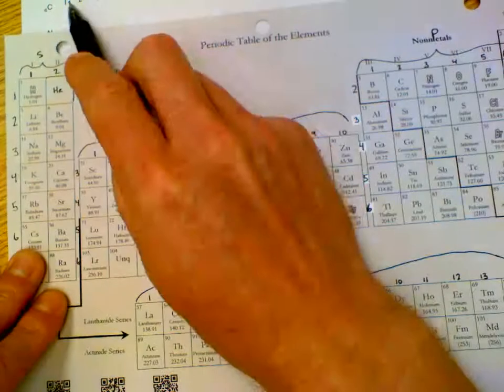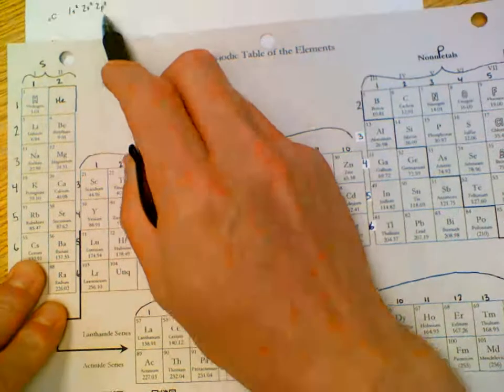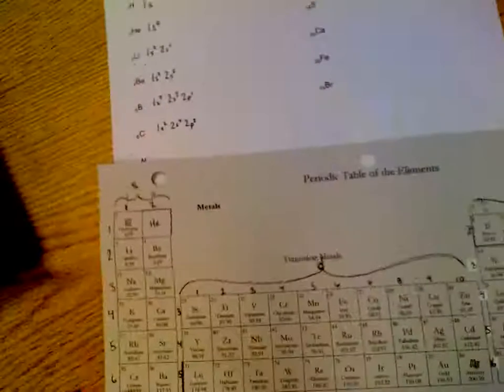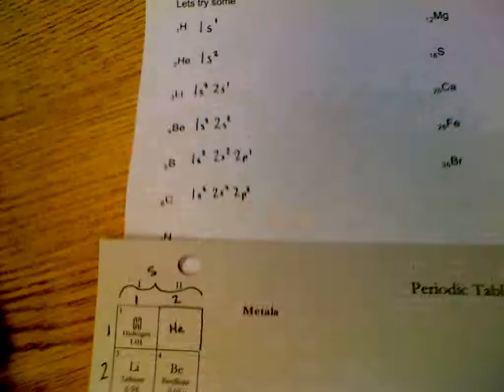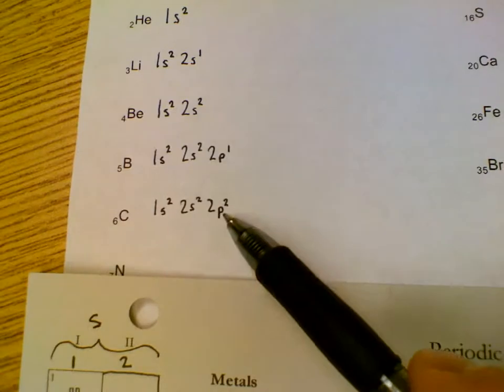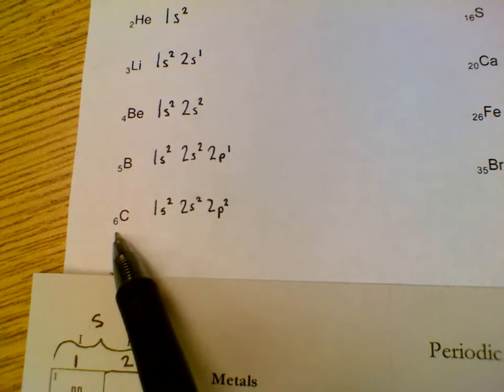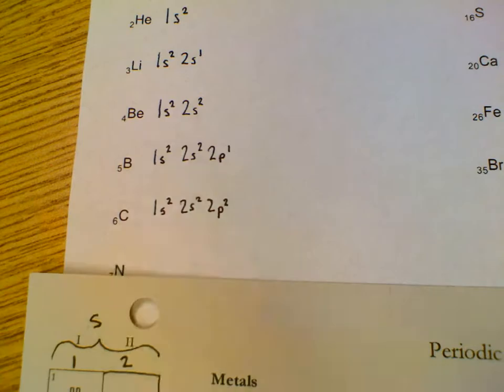So carbon has 1s2, 2s2, 2p2. Those are the 6 electrons that carbon has. It looks like so: 1s2, 2s2, 2p2. 2, 4, 6 electrons, which makes sense because carbon has atomic number 6.